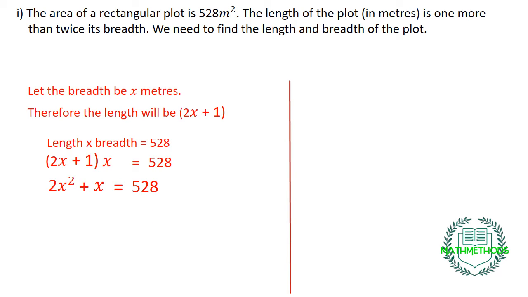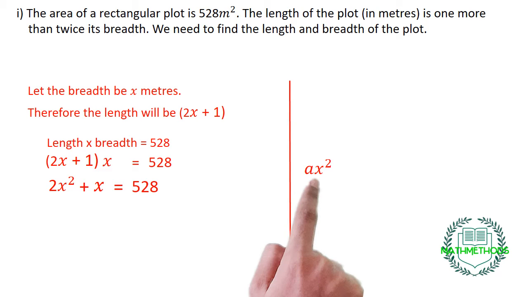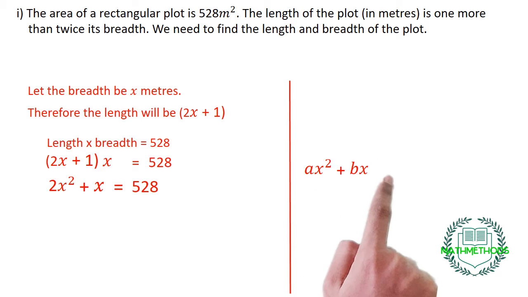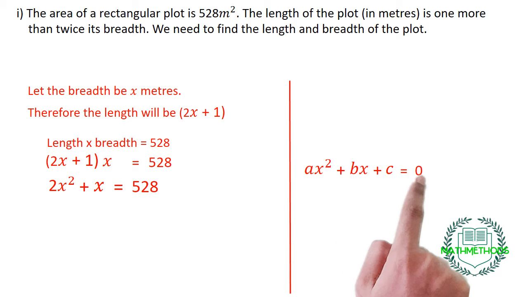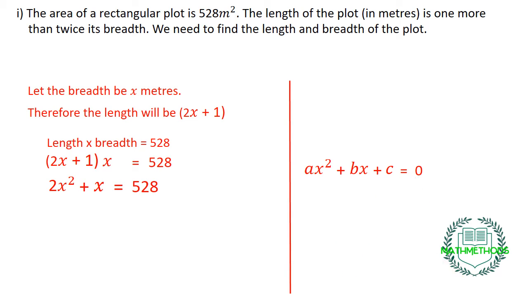But we must always write a quadratic equation in its standard form. The standard form of a quadratic equation is ax squared plus bx plus c equals 0. So let's write this quadratic equation in the form of ax squared plus bx plus c equals 0.